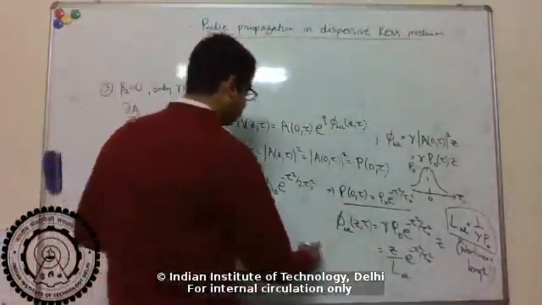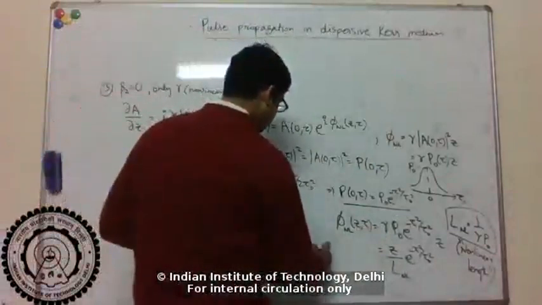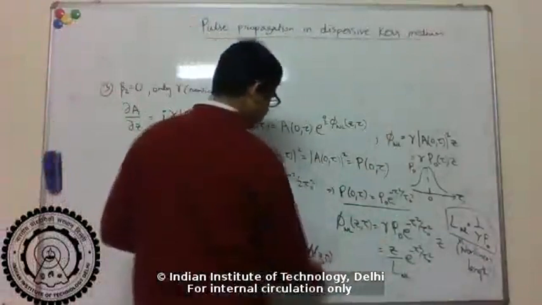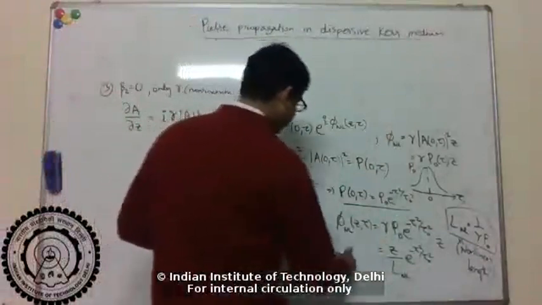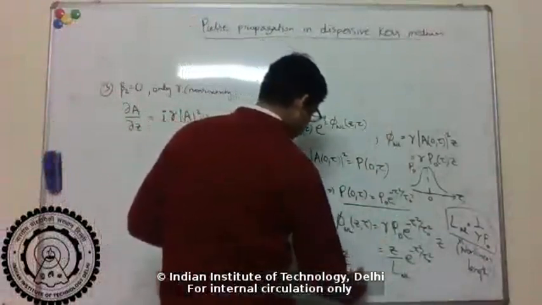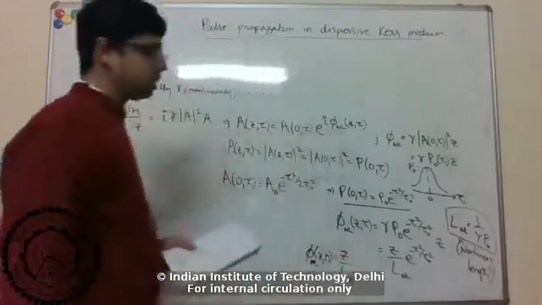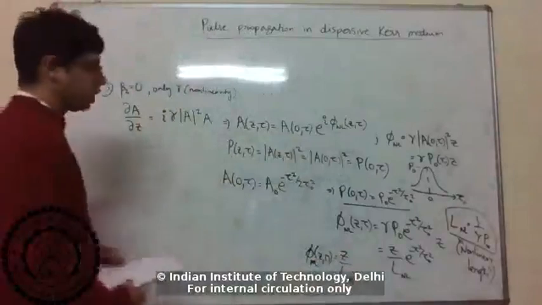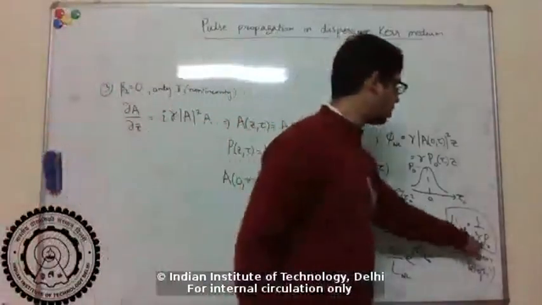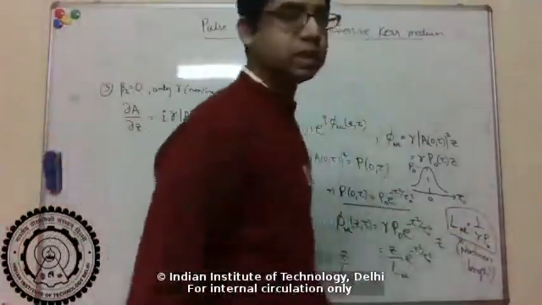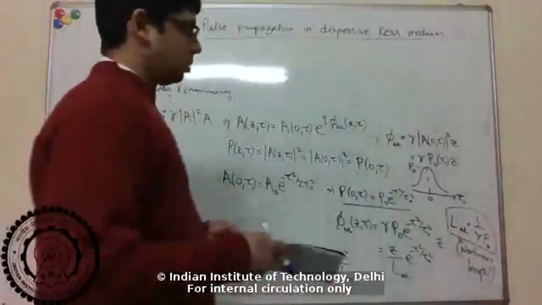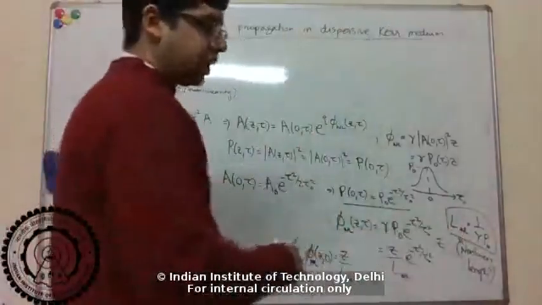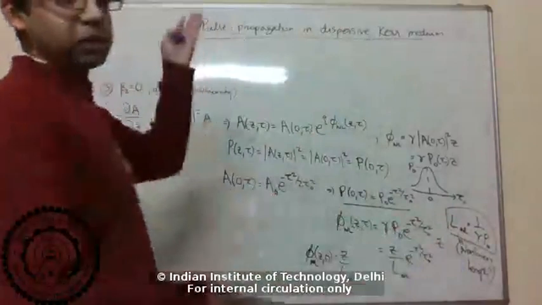Right, so the peak phase shift at tau equal to 0 is given by Z over L_NL, how many nonlinear lengths you've propagated. So the higher the pump power, the shorter the nonlinear length, which means you'll acquire this phase propagating a smaller length if you have more power.